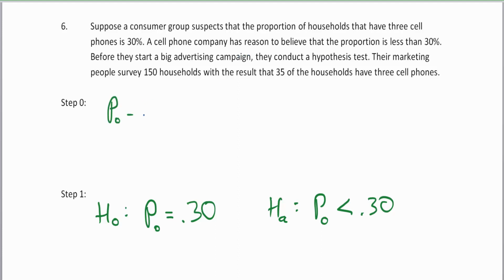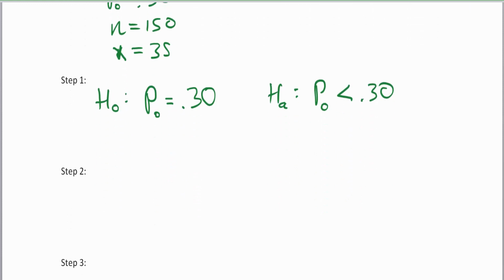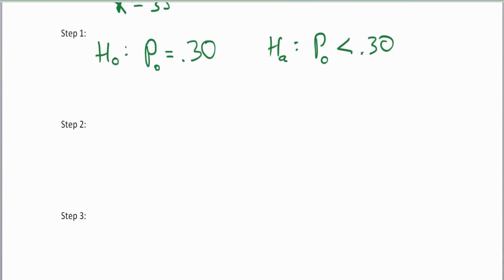Before they start a big advertising campaign, they conduct a hypothesis test. So in step 0, we learned that p sub 0 is equal to 30%, and they surveyed 150 households, and they found that 35 of those households have 3 cell phones. So we now have what we need to solve the problem. But in step 2, we do need to check to see if we can assume normality. So we need n times p times q to be greater than 10.